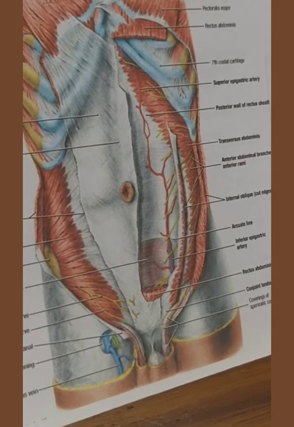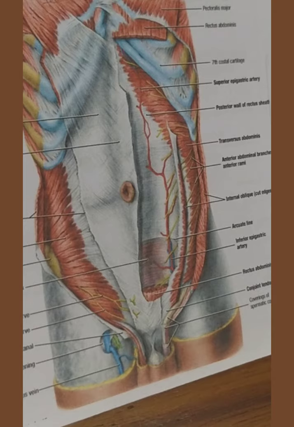Here we have to mention the cremaster muscle, which is present in the male and is poorly developed in the female.